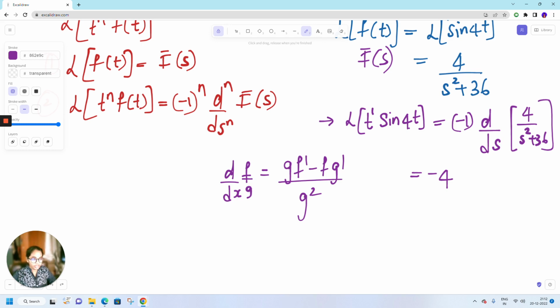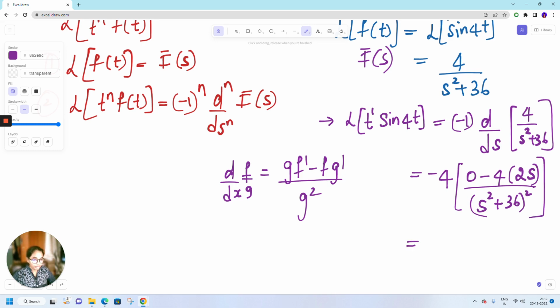Now here in the denominator, I have s square plus 36. If I differentiate the numerator, I would get 0, so 0 minus, in place of f I have 4, and in place of g dash, that is the derivative of the denominator, I have 2s, divided by g square, that is s square plus 36 whole square.